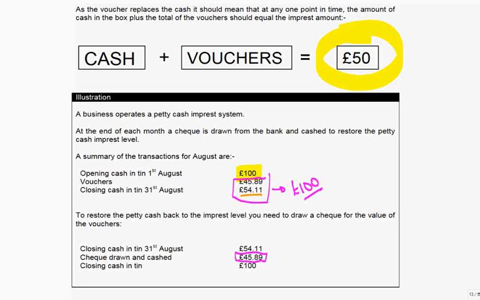So I've got £54.11 sitting there in physical cash at the moment in my tin. I've now just added another £45.89 in cash to my tin. So my total now comes back to the 100, which is this business's imprest amount.